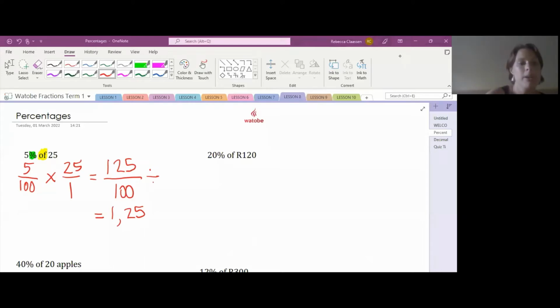Remember, when we're doing an "of", it's multiply. This is a good question because other people might not know either. So thank you for asking. When we're multiplying, we multiply our tops together and we multiply our bottoms together.